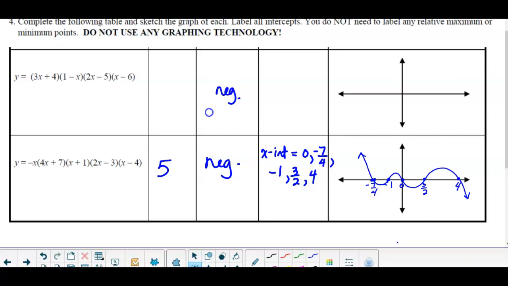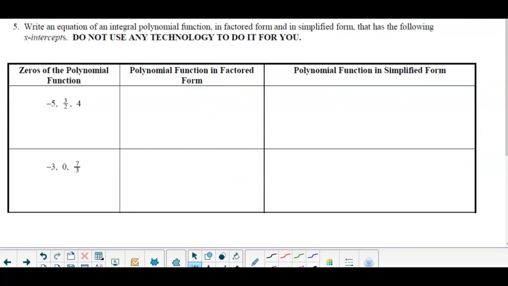Question 5 is really just an exercise in expanding. So some algebra skills for that. So you're given the zeros of the polynomial function, which are like the x-intercepts. You have to put it in factored form. So it's basically the opposite of what we just did there. So if this is a 0, that's the same as an x-intercept, right?